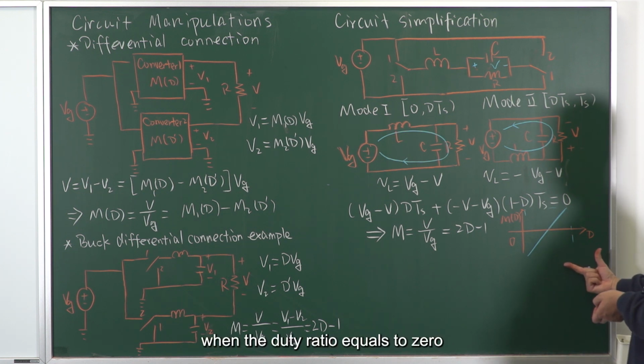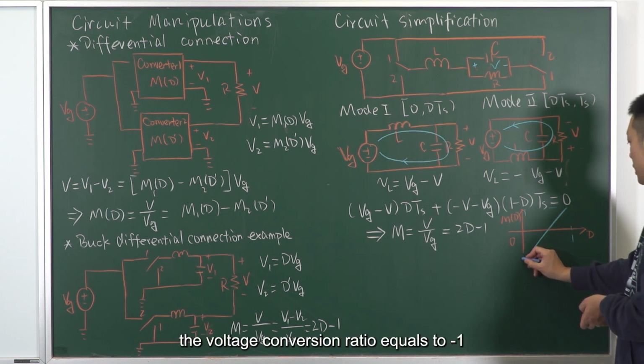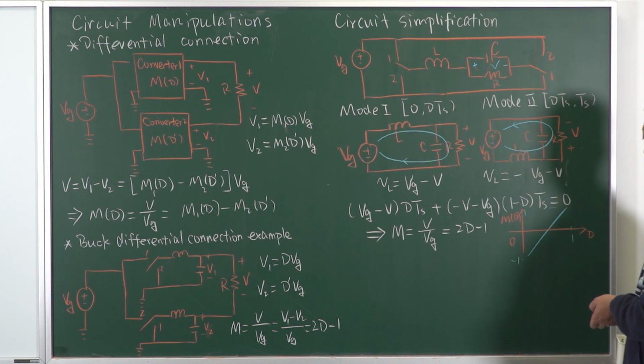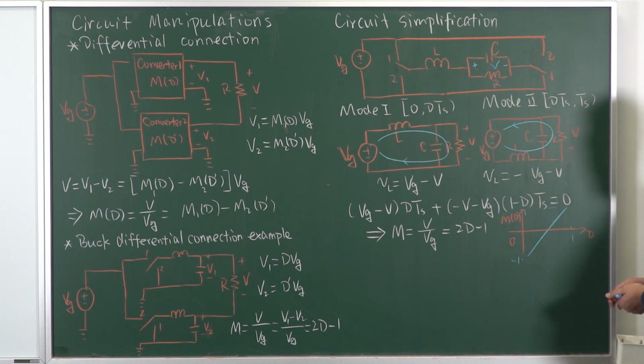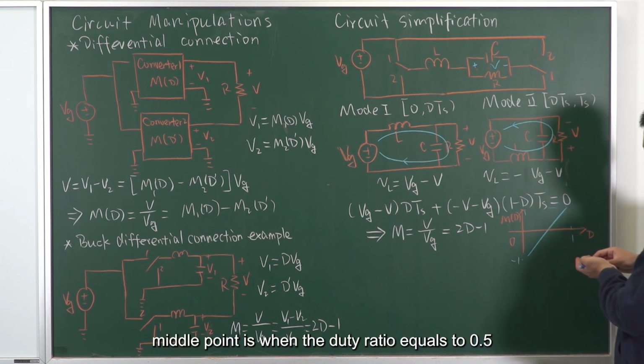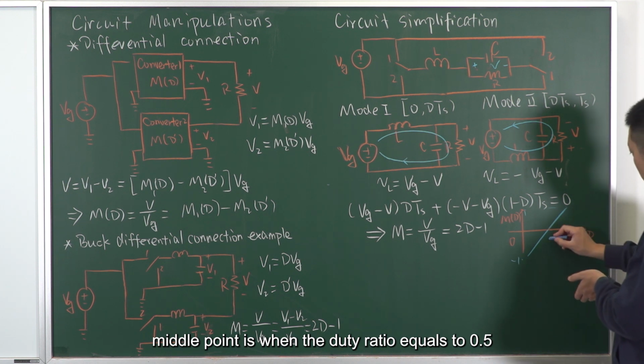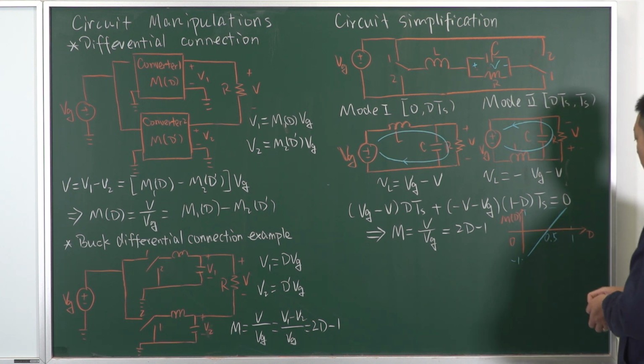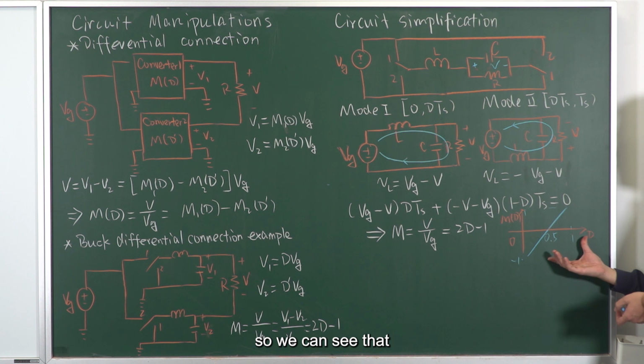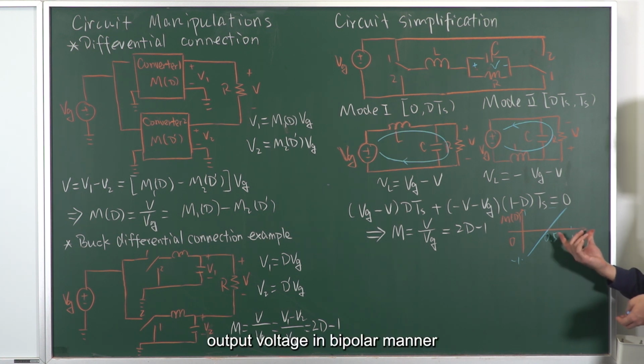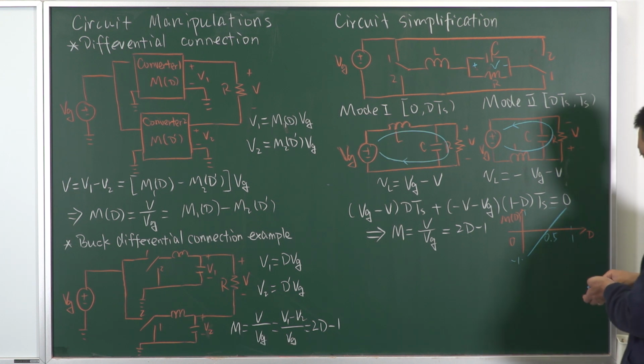When the duty ratio equals 0, the voltage conversion ratio equals minus 1. A middle point is when the duty ratio equals 0.5. So we can see that this converter has output voltage in a bipolar manner.